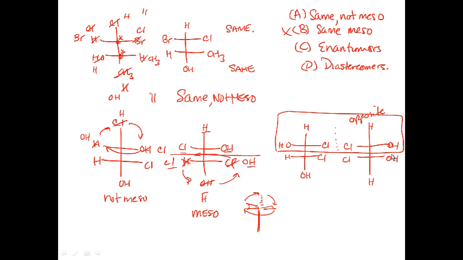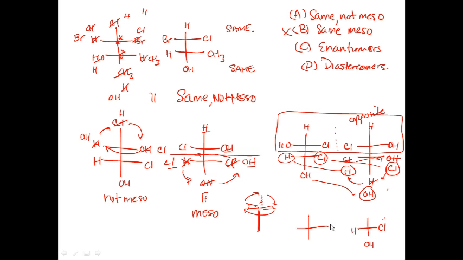Well, if you notice in this molecule, if I rotate my Cl over here, my OH down here, and my H up here, notice that my two OHs match up, my two Cl's now match up, both on the right-hand side, and my two H's match up on the left-hand side. So that bottom carbon looks like this. After this rotation, I've got a chlorine, an OH, and an H, and that matches up with a chlorine, an OH, and an H. So in this case, they have the same configuration.